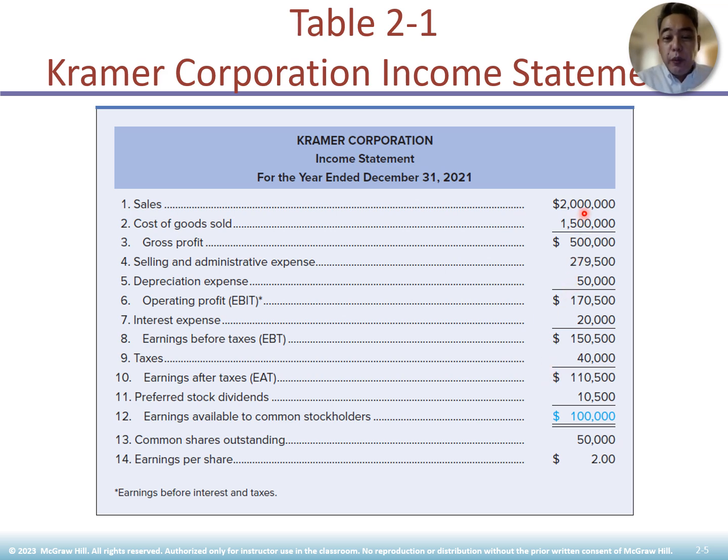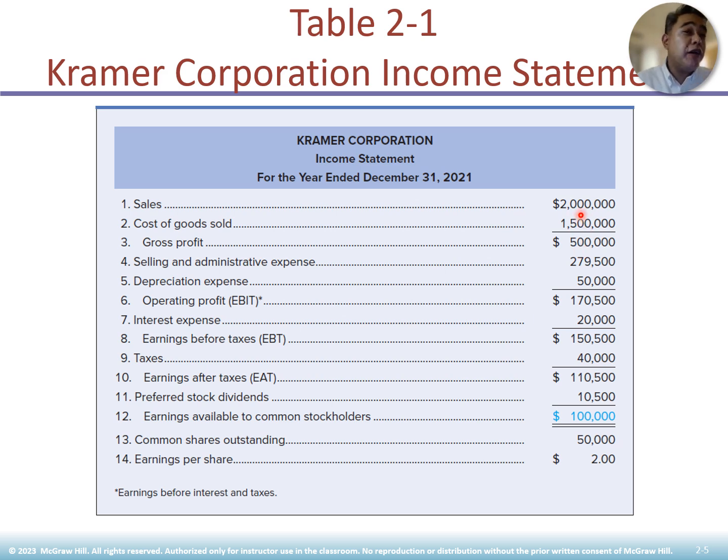So we always say we need to unitize the income statement in order for it to be more relatable. It's 2 million, so let's do a unitization. Make it a bit easier.